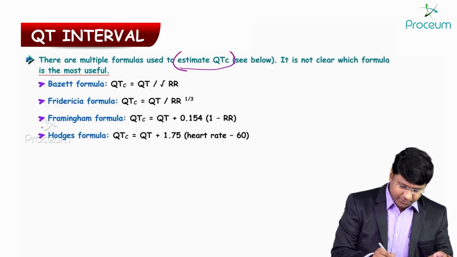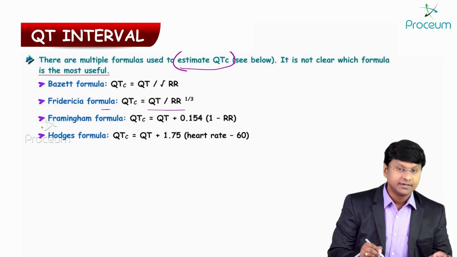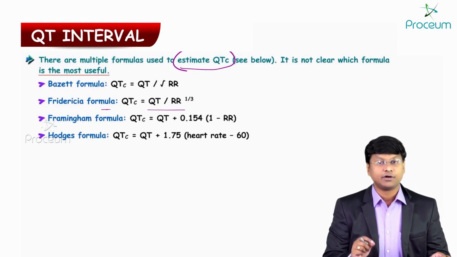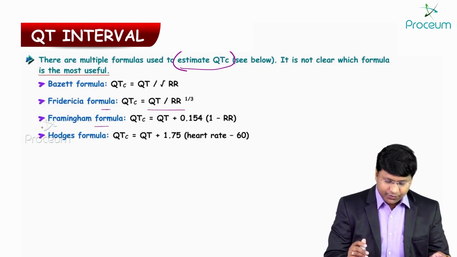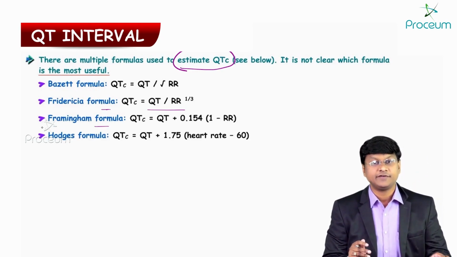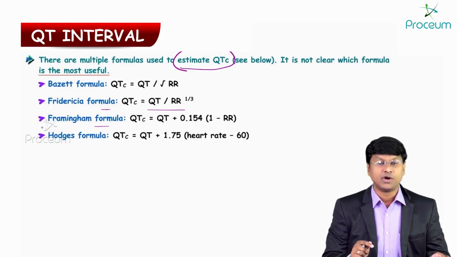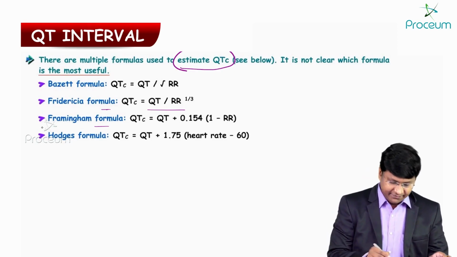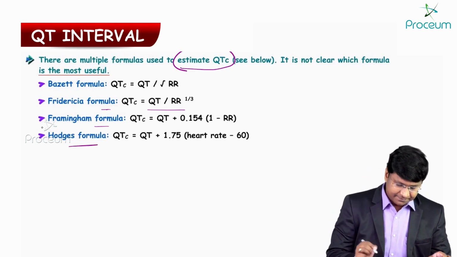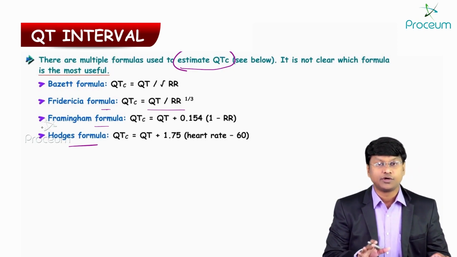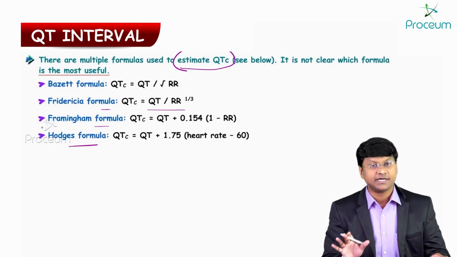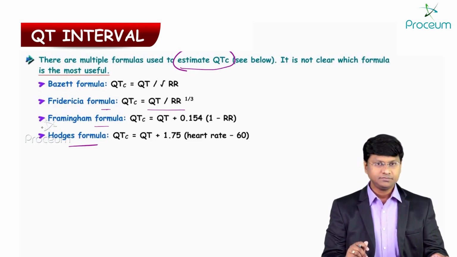Then Fredericia formula: QT interval by RR to the power of 1/3. Framingham's formula: QT plus 0.154 multiplied by 1 minus RR interval. Then we have the Hodges formula. So these are the formulas we use for measuring the corrected QT interval.